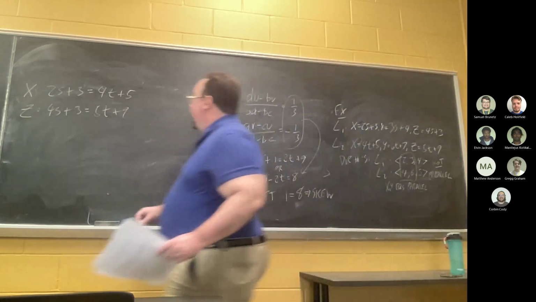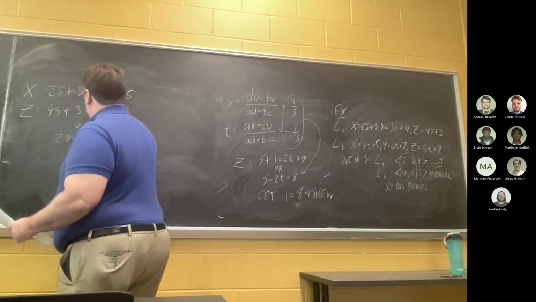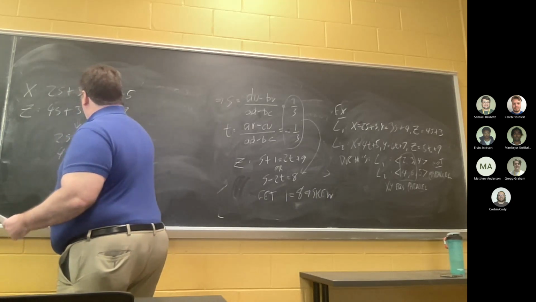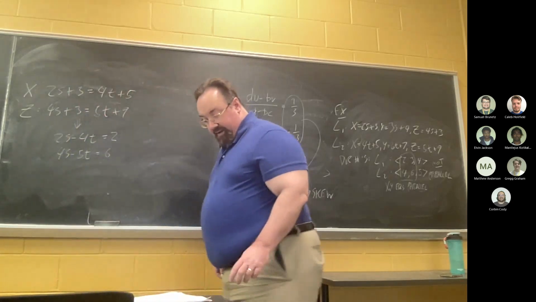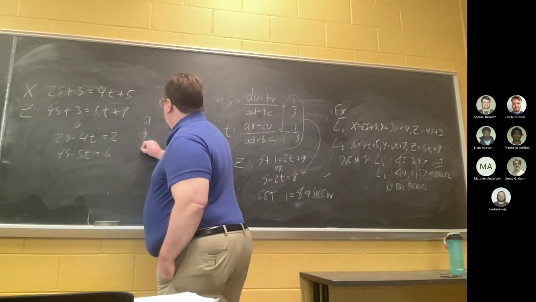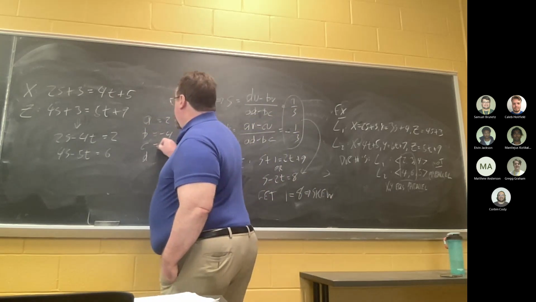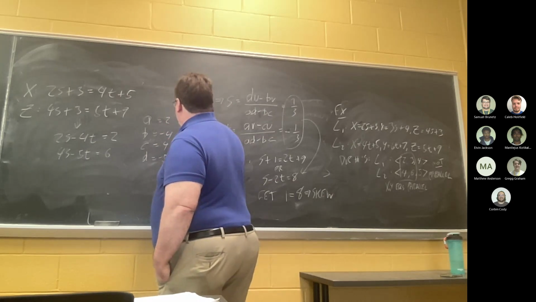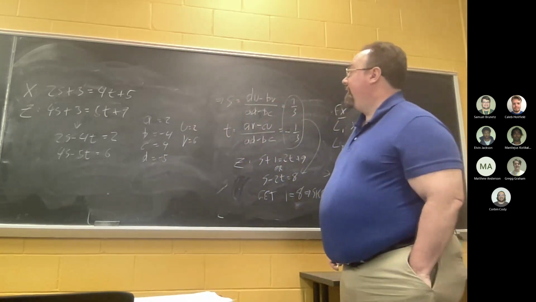All right, so then I write these in the same old form: 2s minus 4t is equal to 2, and 4s minus 5t is equal to 6. Okay. So I have A is 2, B is minus 4, C is 4, D is minus 5, and the right-hand sides 2 and 6, so you get all your ducks in a row.